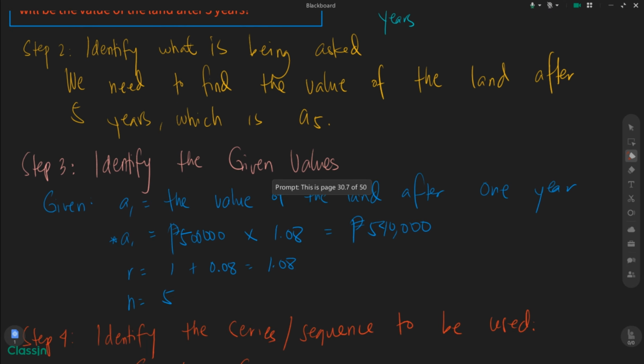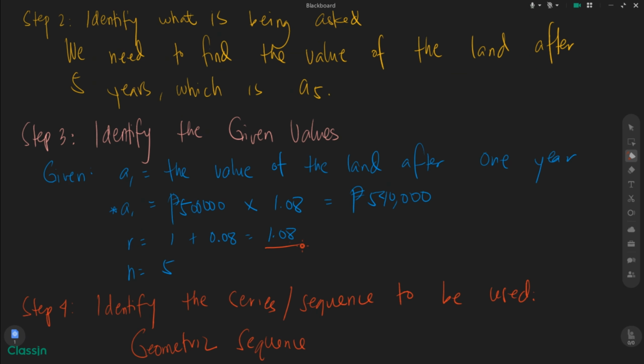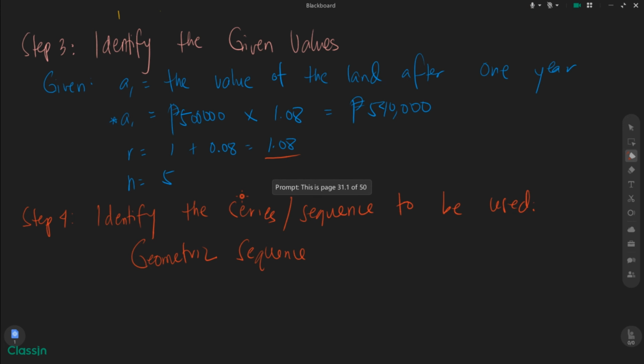Why a geometric sequence? In this problem, the land value appreciates by 8% every year, meaning each year the value is multiplied by the rate, which is 1.08. So with that in mind, the sequence is geometric because we keep on multiplying by a constant ratio, which is 1.08.